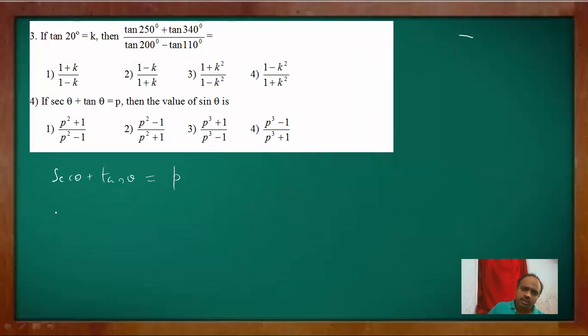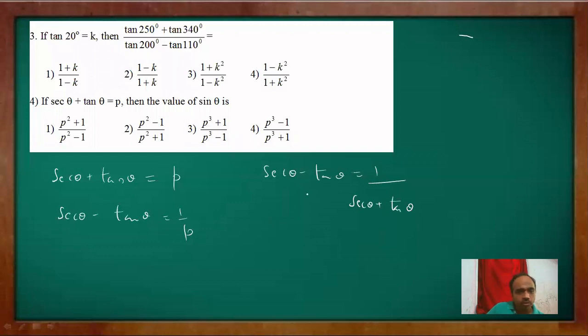See, if sec theta plus tan theta is P, sec theta minus tan theta will be 1 by P. This you know, because sec theta minus tan theta is nothing but 1 by sec theta plus tan theta. Why? Because if you cross multiply, sec plus tan into sec minus tan, sec square theta minus tan square theta will be 1. So it's reciprocal of that. This is a shortcut. If sec theta plus tan theta is P, sec theta minus tan theta is 1 by P.